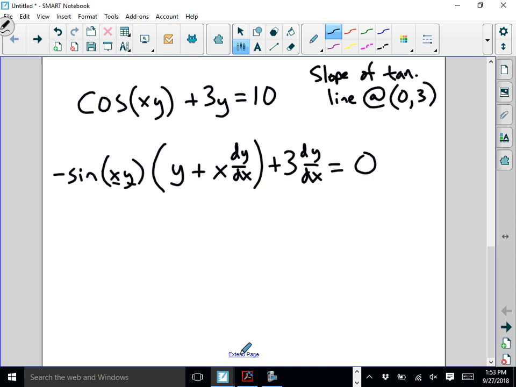Now when I distribute this, I want to write polynomial stuff first, or coefficients first, polynomial stuff second, trig stuff third, dy/dx stuff last. So here's what I end up with.